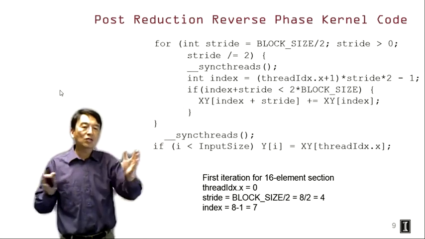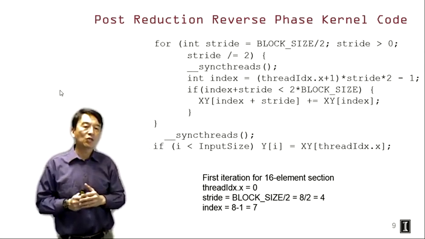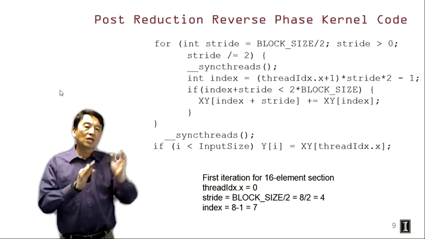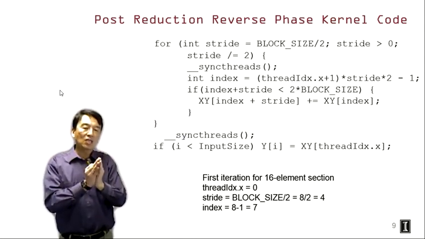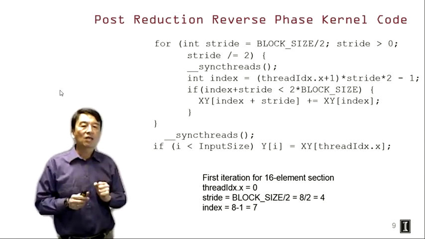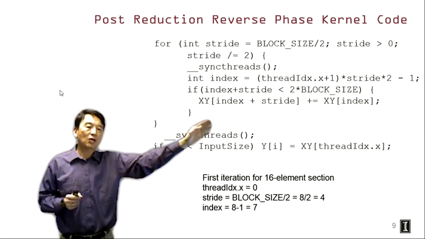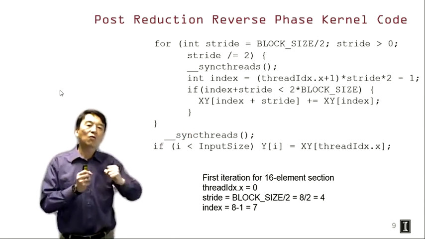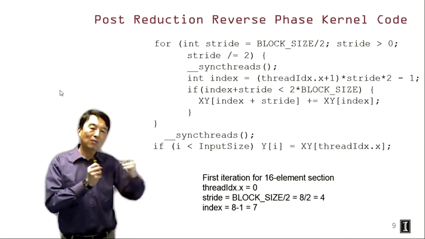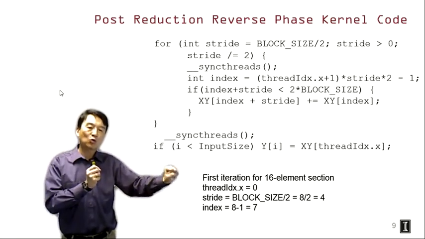So this goes back to the 7 versus 11 explanation I just made. And then we will test whether the mapped position, which is index plus stride, has exceeded the valid data range. If it's within the valid data range, it's going to take its mapped location, which is index, and then the right-hand side value, which is index plus stride, add them together and push the value into index plus stride location.